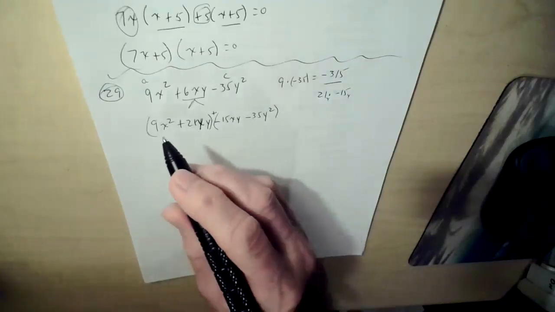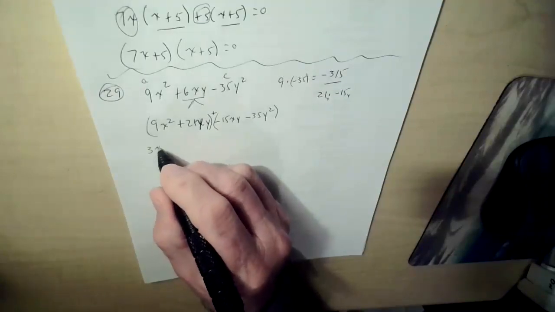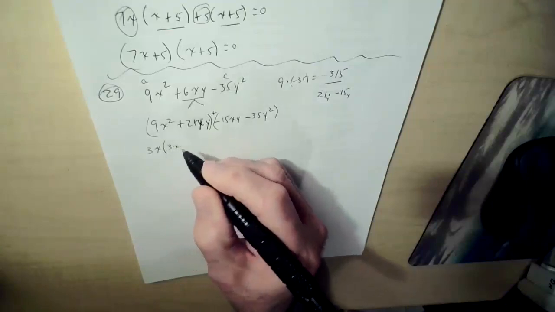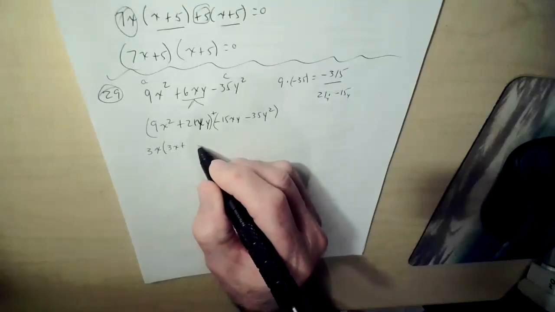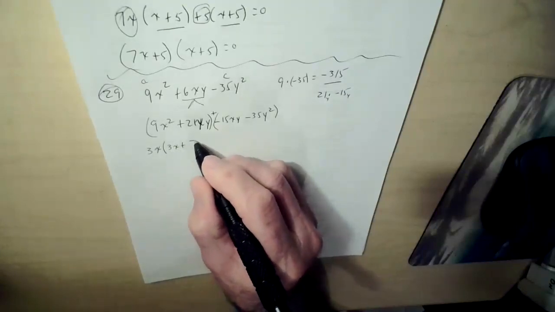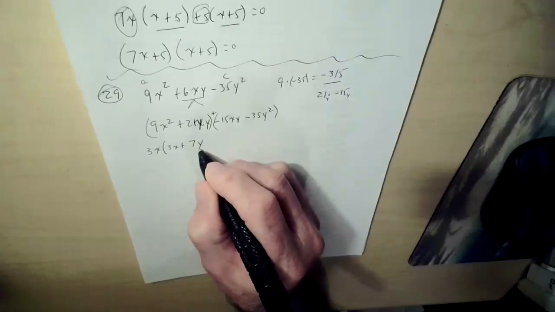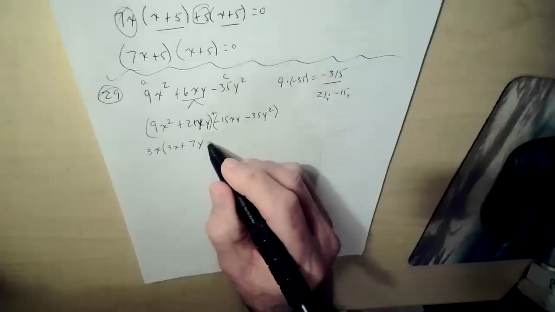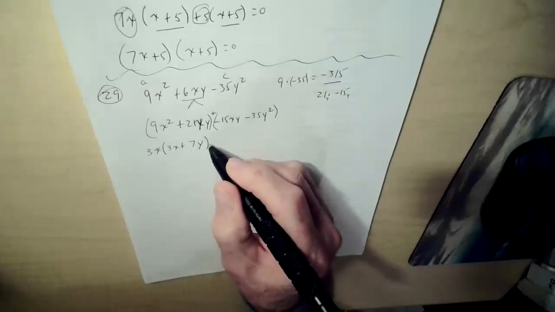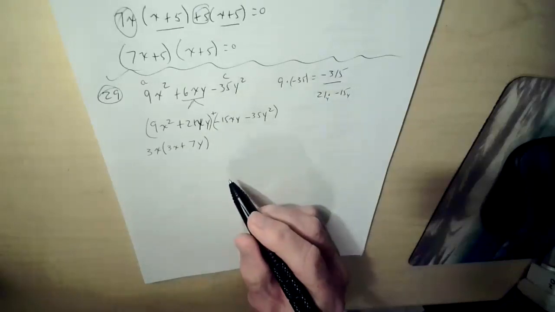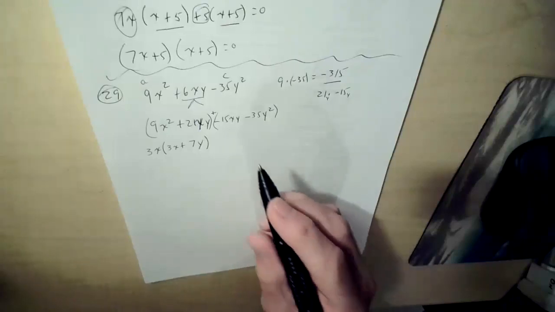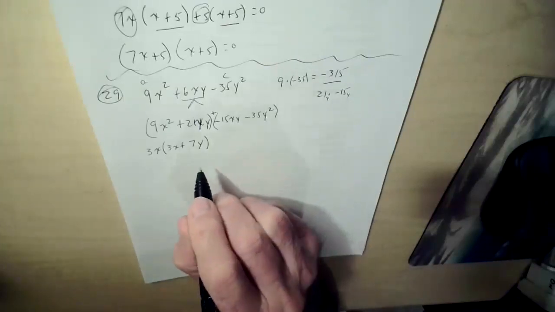Okay, so what can we factor out of here? What's in both of these terms? 3 and x. Right?